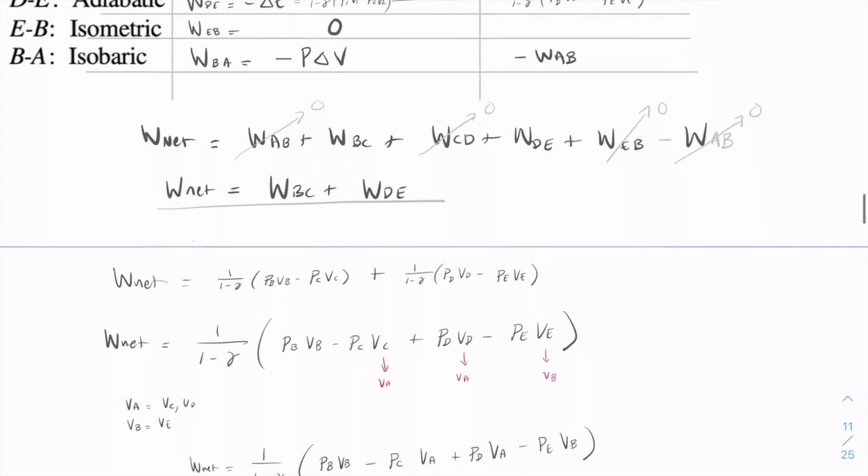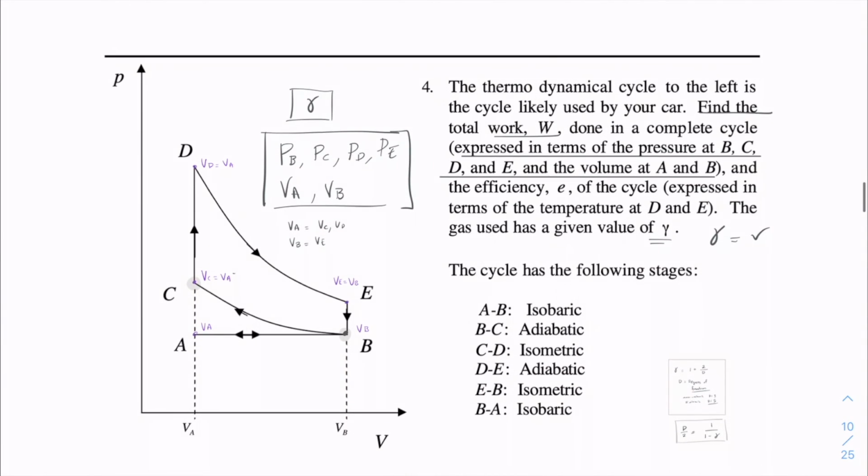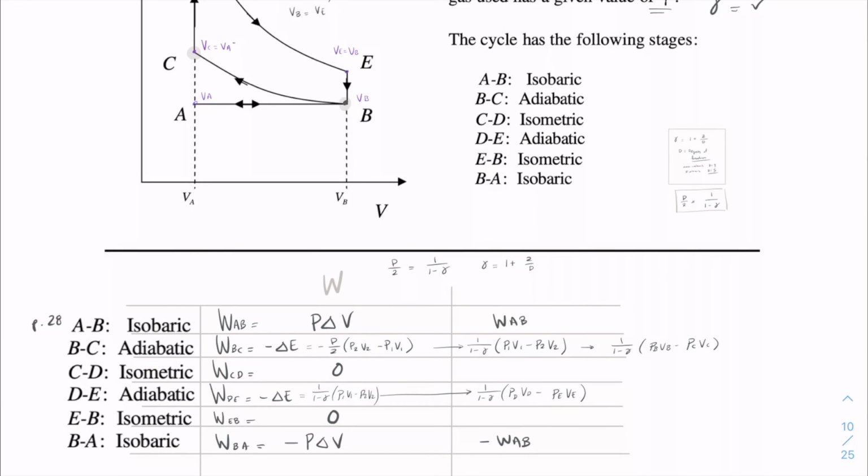Okay, so just to recap what we did. So we looked at the problem. We looked at the solution form that we needed to get things in. Before we started, we looked at the equivalent volumes just by looking at the graph, if they shared the same y-axis. Then we did a table, okay, and we figured out work for each of the separate processes.